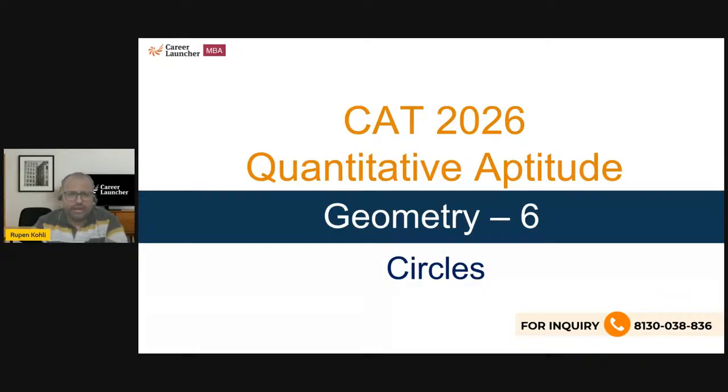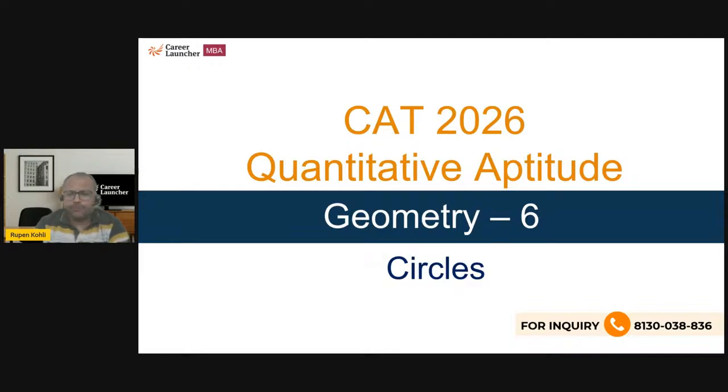So we have had sessions on triangles, different properties of triangles, right? Then we looked at different quadrilaterals and then regular polygons as well last time, right? So the next segment is circles, as you can see.